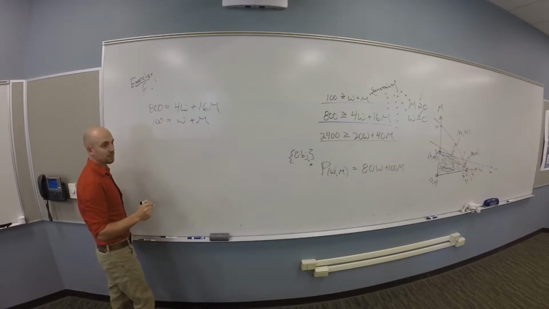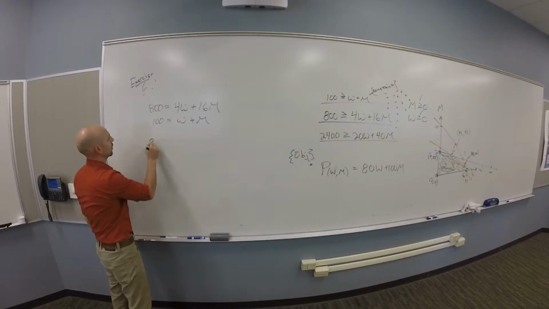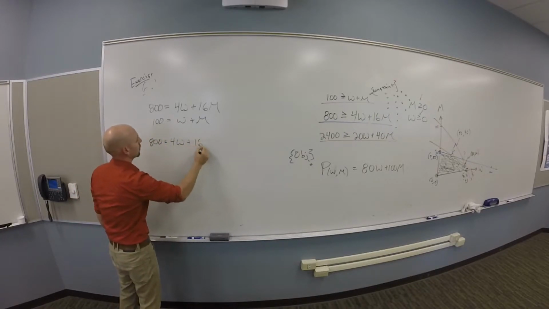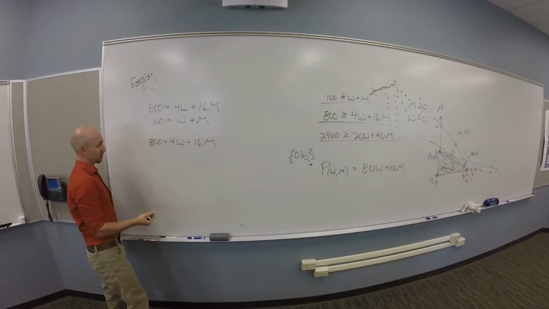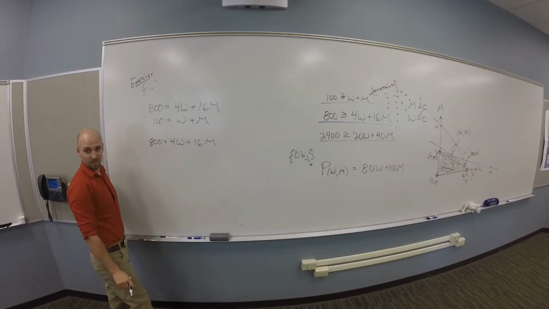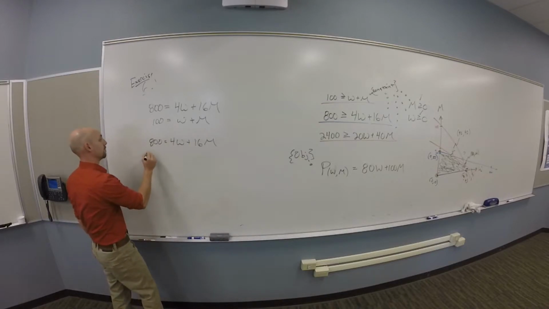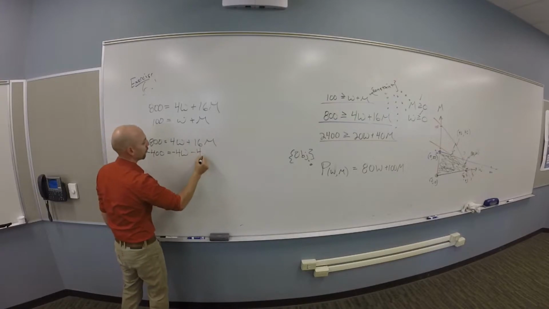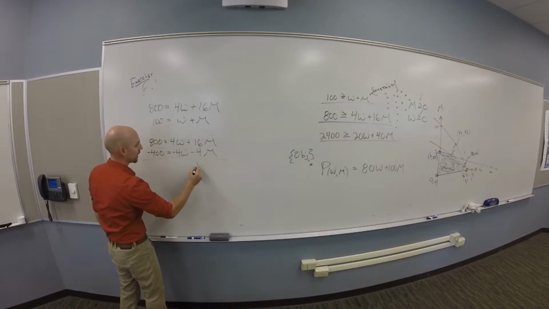On solving this, I'm going to leave the first equation alone. I'm going to multiply the second equation by minus 4. So I get negative 400 is negative 4W minus 4M. Add these together.